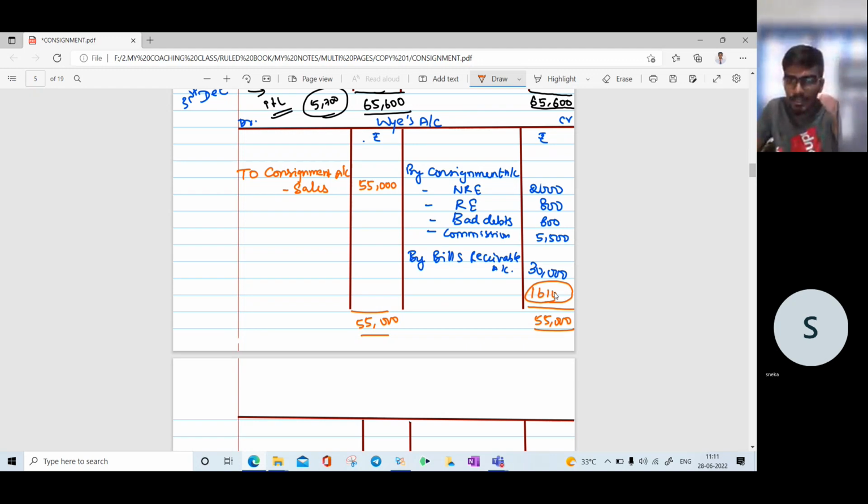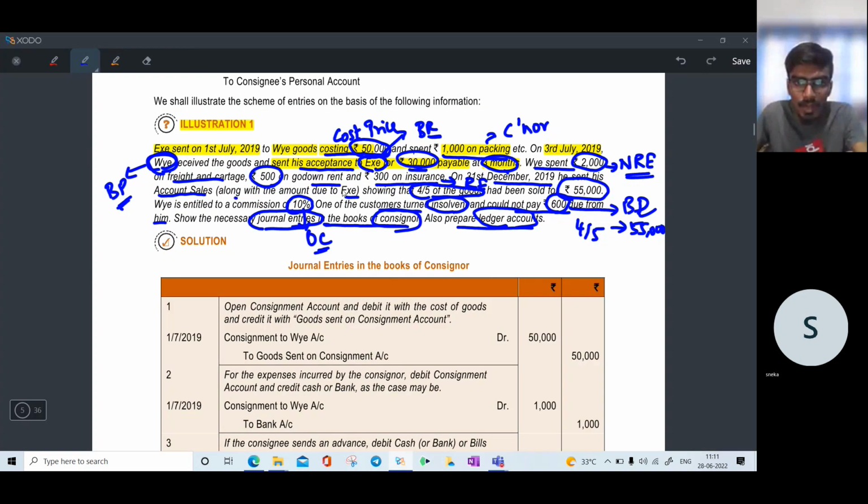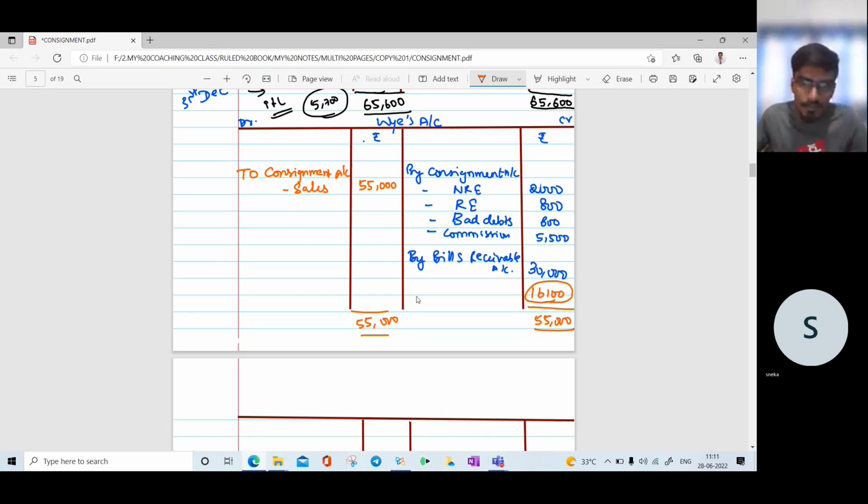In the question, it says along with the amount due to X and the money he has sent. So we consider that we have received the money, by bank account balance received.